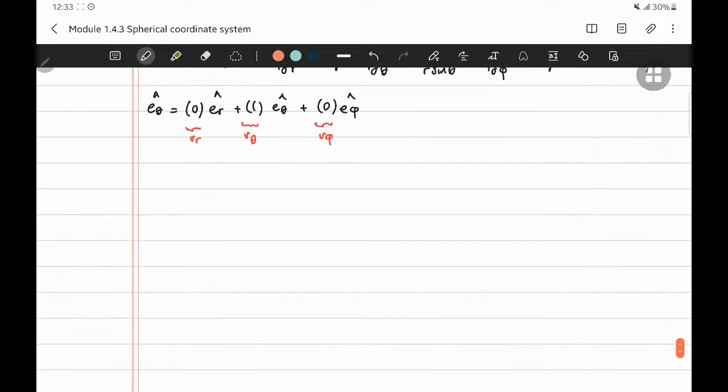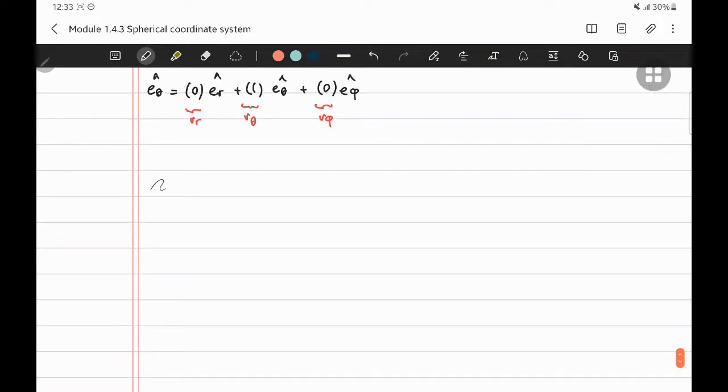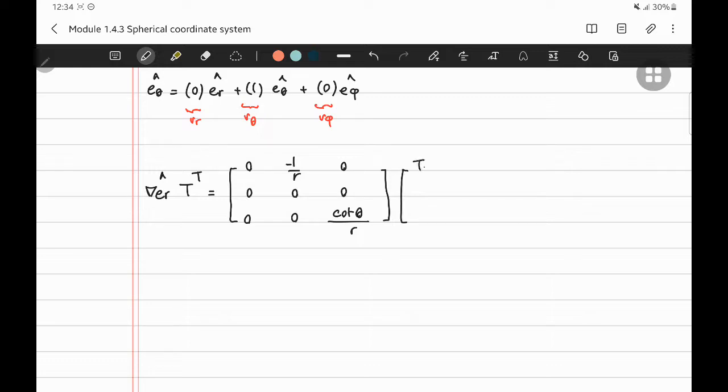So we have del E theta is equal to 0, minus 1 divided by R, 0, 0, 0, 0, 0, 0, and this is cotangent theta divided by R, and then we have T transpose, which is T_R theta, T_R phi, T_R theta, T_theta theta, T_theta phi, T_theta R, T_phi theta, and this is T_phi phi.